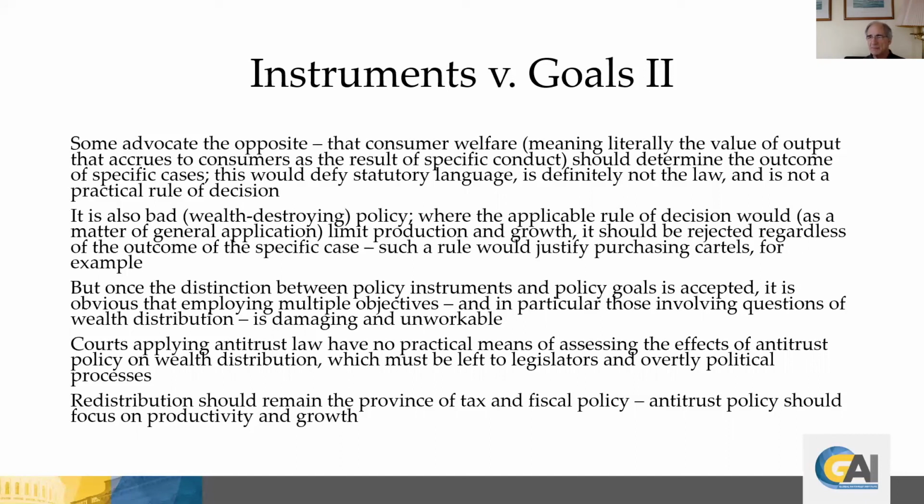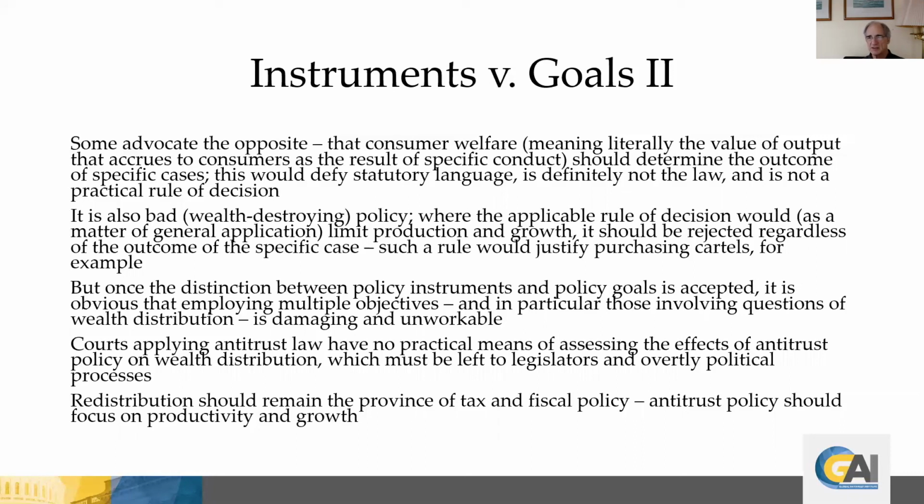It also happens to be a wealth destroying policy. And it would limit production and growth, which we believe to be the main objectives of having an antitrust law in the first place. For example, it would justify joint purchasing cartels. That is not a rule that would enhance economic objectives.